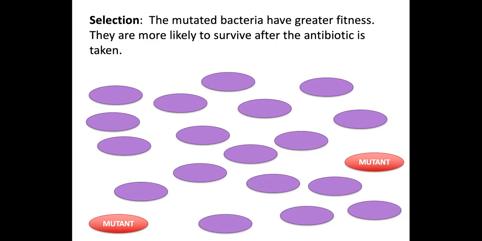So fitness is being able to survive to a reproductive age and eventually being able to reproduce, okay? So essentially, those that are better adapted are going to be the ones that are able to do that, right? So these mutated bacteria have a greater fitness, so therefore, they are more likely to survive that antibiotic.